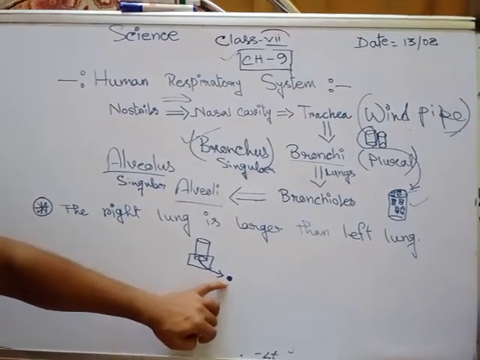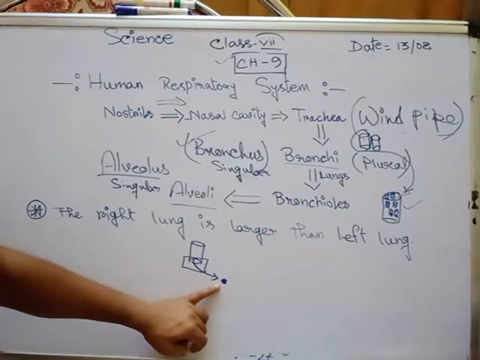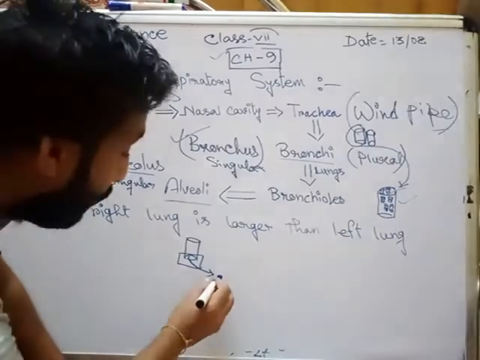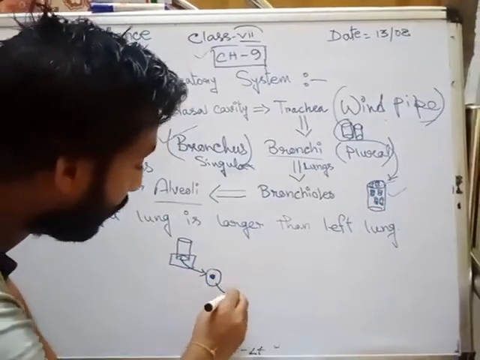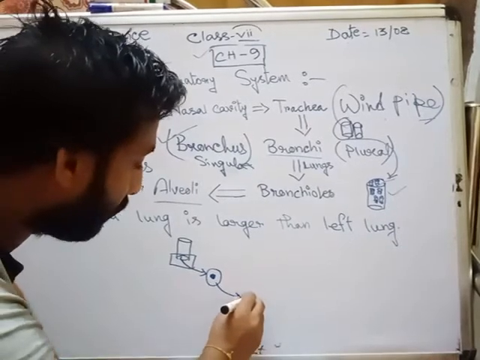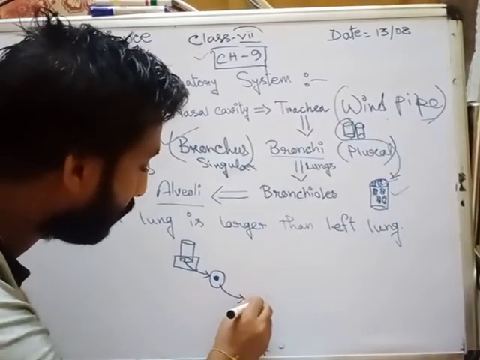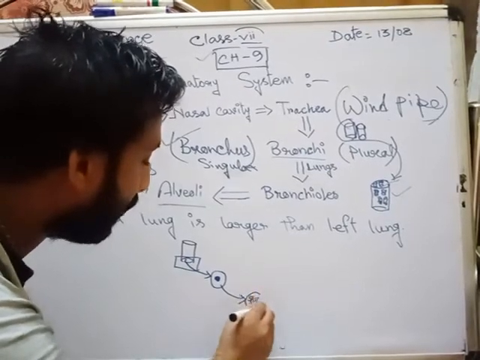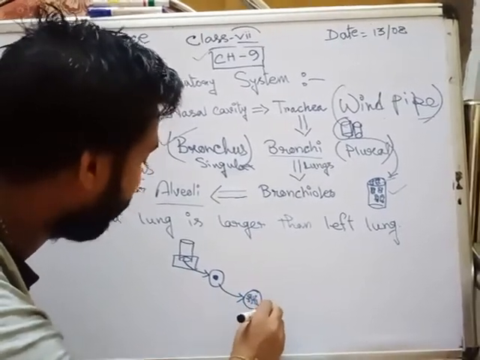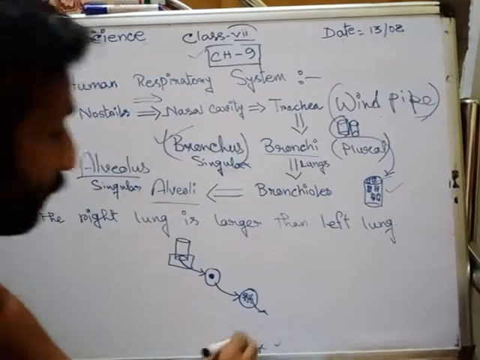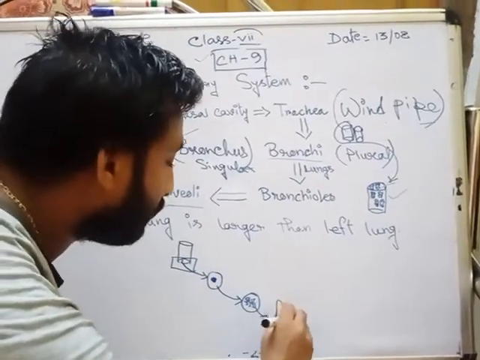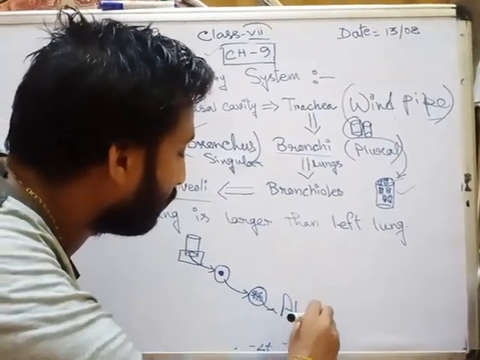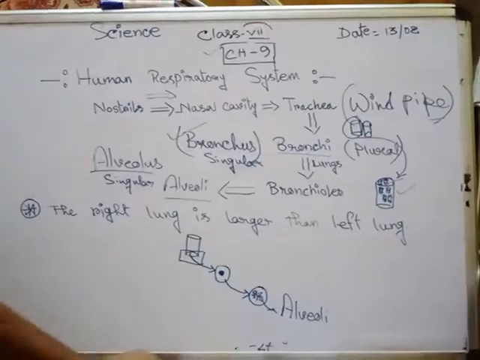Each and every alveoli has a large number of thin blood capillaries. That means it makes a large number of blood capillaries, only in the alveoli. Okay.